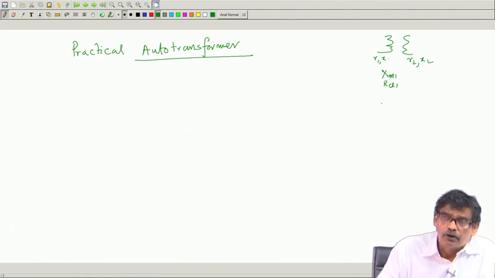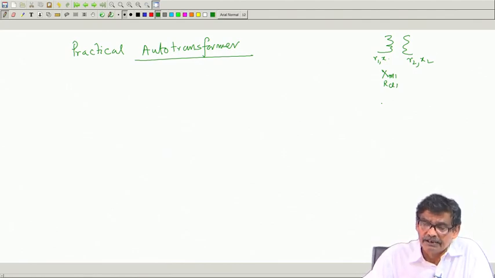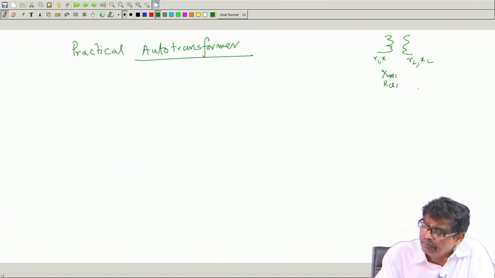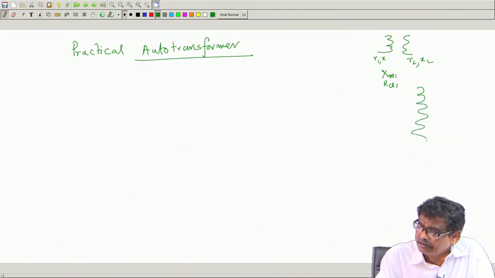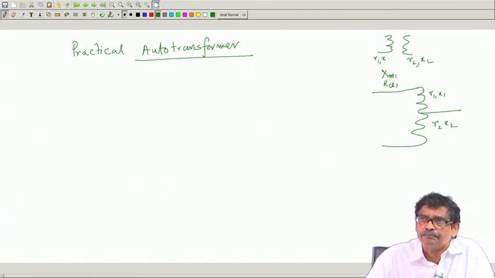So, similarly in the auto transformer, since there is a core, there is time varying field, therefore, there will be core losses, and not only that, there will be, this is the auto transformer where a fixed tapping is taken. So, this portion of the winding will have R 1 X 1, this portion of the winding will have R 2 X 2 and so on. Similarly, the magnetizing branch and no load current.